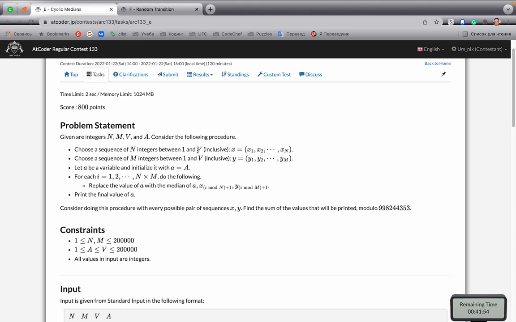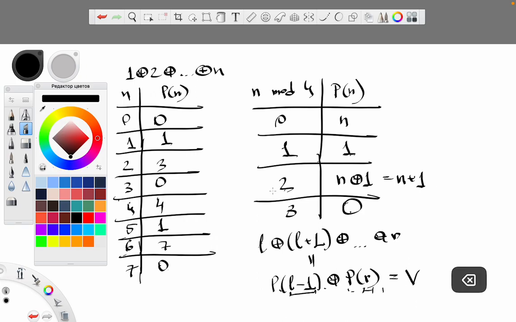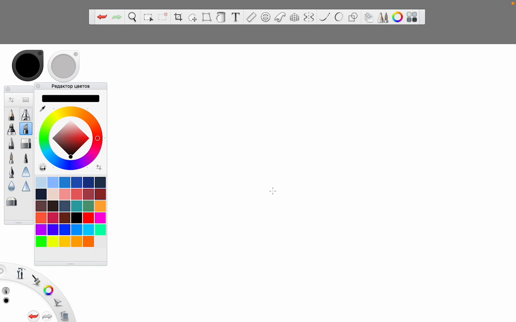And now we are working with sequences of zeros and ones. There are different numbers of ways to get them. But okay, so we fix x from 1 to v. Numbers that are smaller than x are zeros, and numbers that are greater than or equal to x are ones.